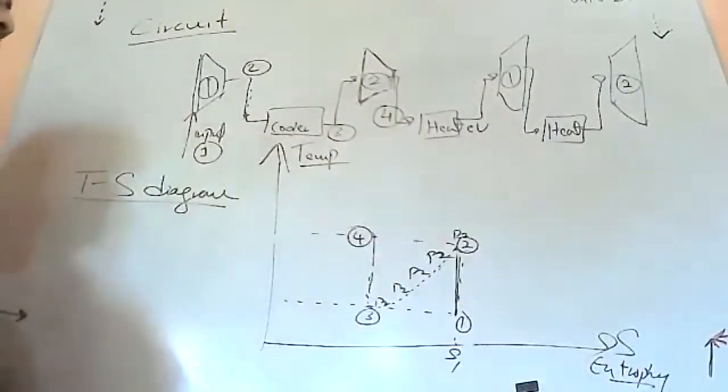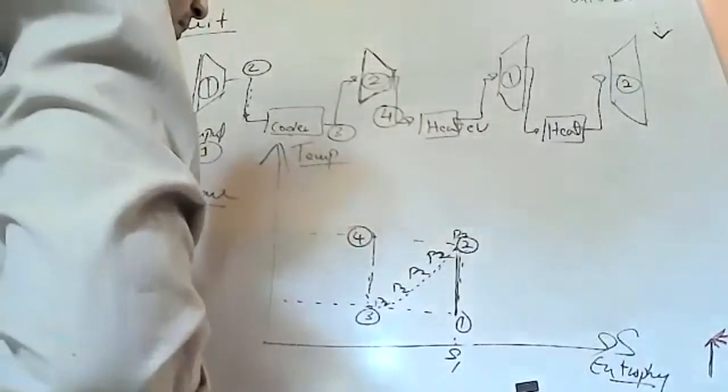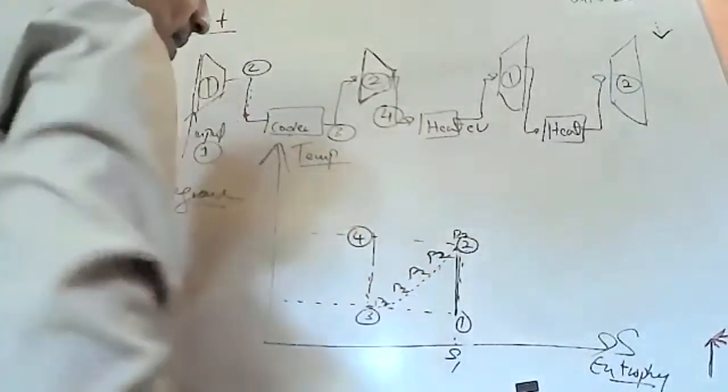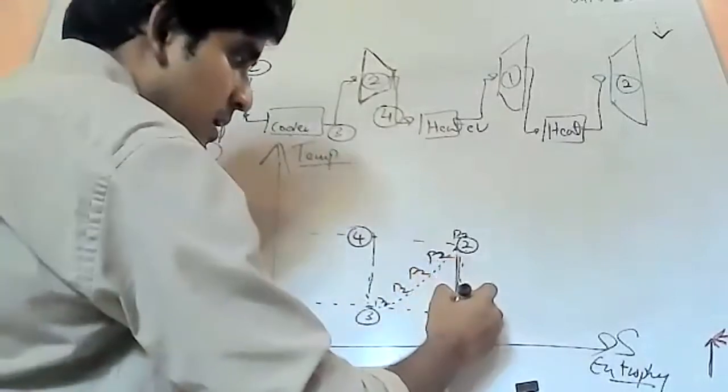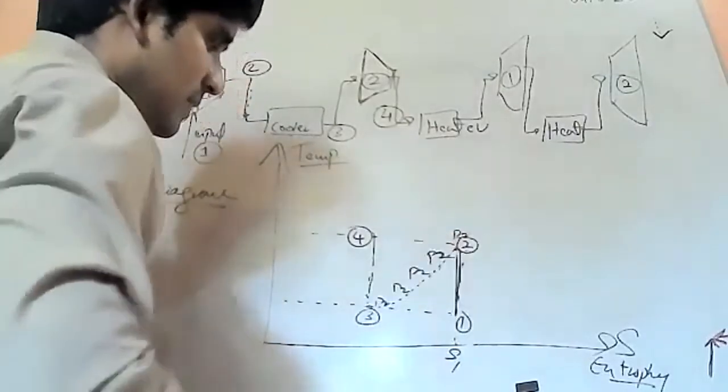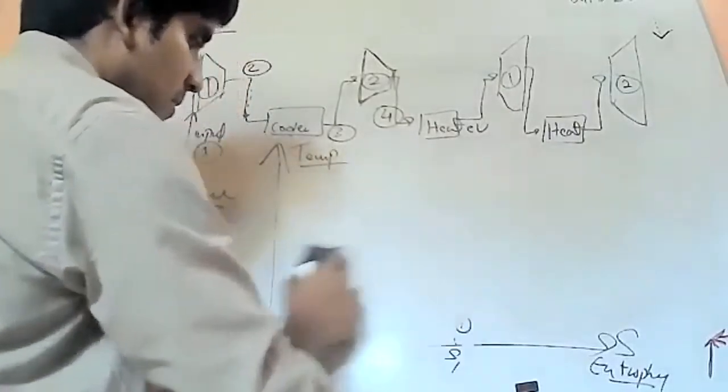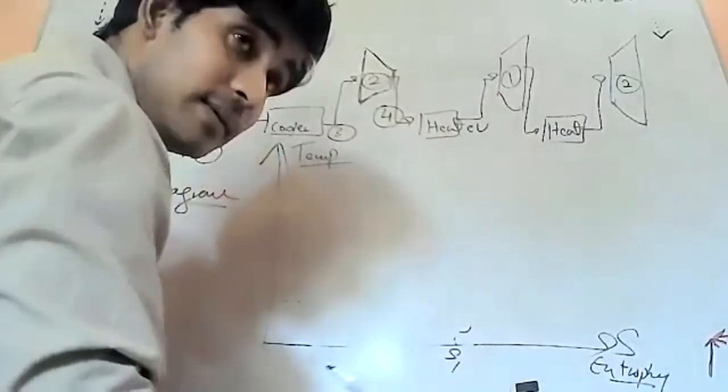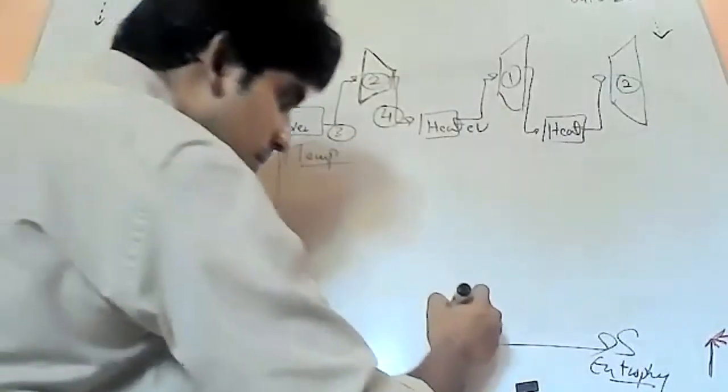Now this is the TS diagram. First compression, then intercool. Now you have the idea, so I will sketch it again.